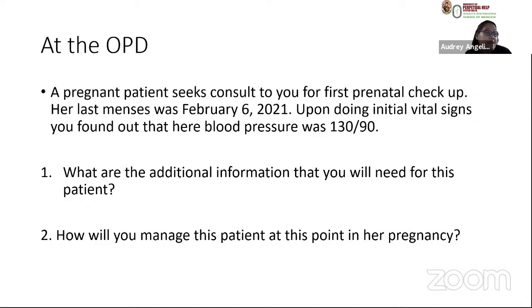Although we know that pregnancy-induced hypertension would be a wastebasket diagnosis and it would take up to 6 weeks postpartum for us to really tell if it is just pregnancy-induced, depending on what will happen to the course of the pregnancy of this patient.